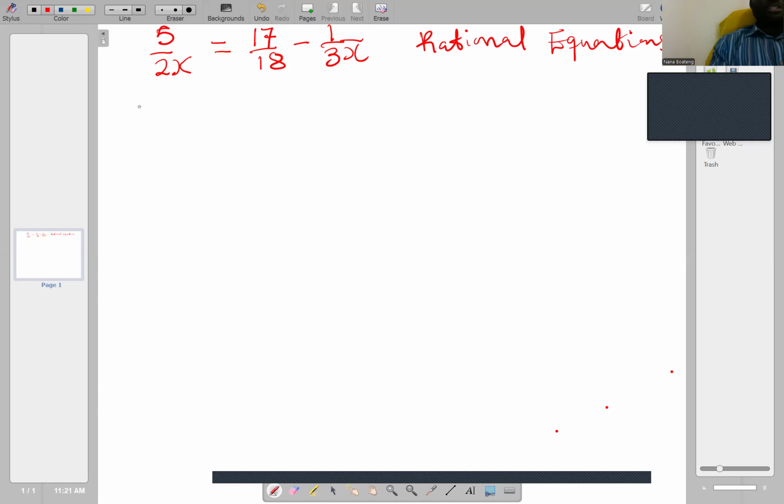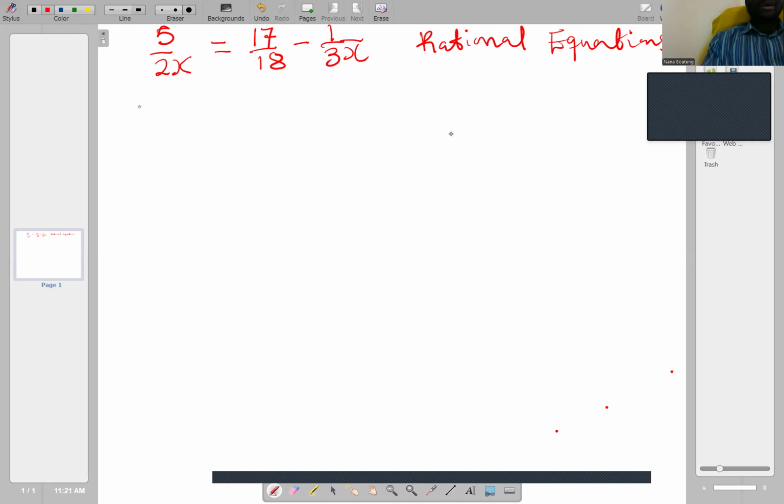So what we can say here is that x is equal to 0 is not part of the solution to this equation. X cannot be equal to 0.